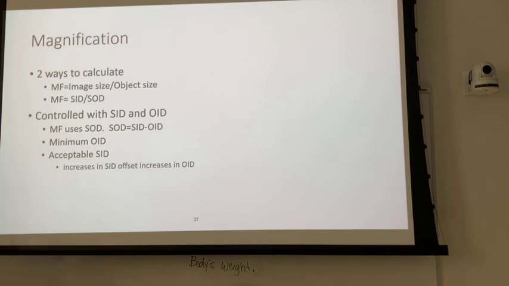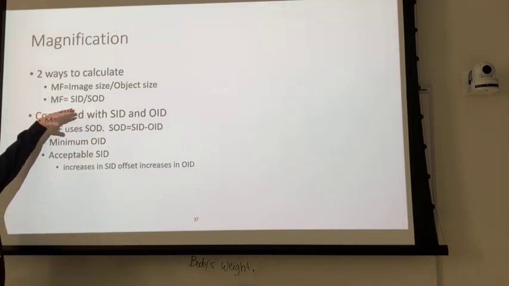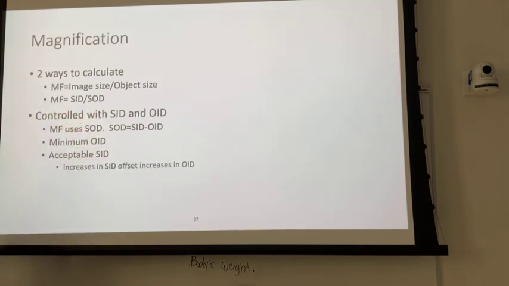Now, when you get a question and you have to calculate using SID and SOD, here's what you're going to have a tendency to do. You're going to have a tendency to go SID over OID or something like that. So how do you calculate SOD? SID minus OID, right?